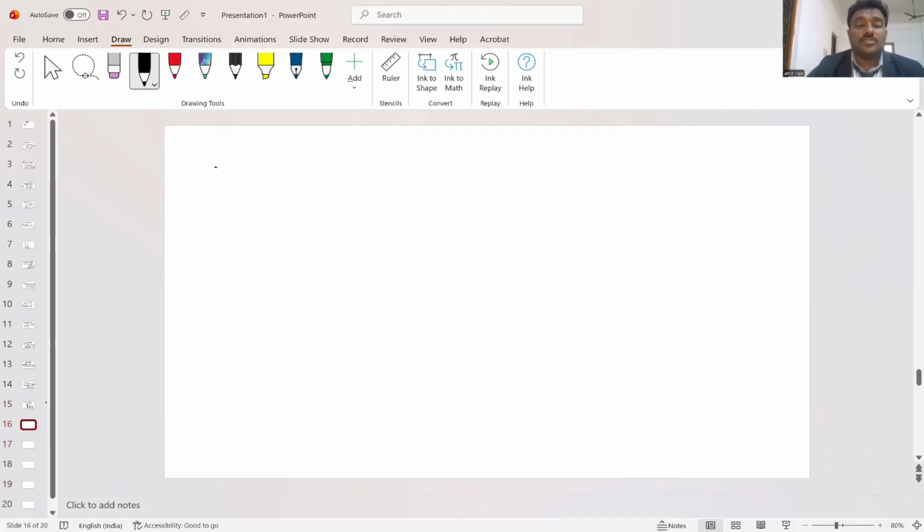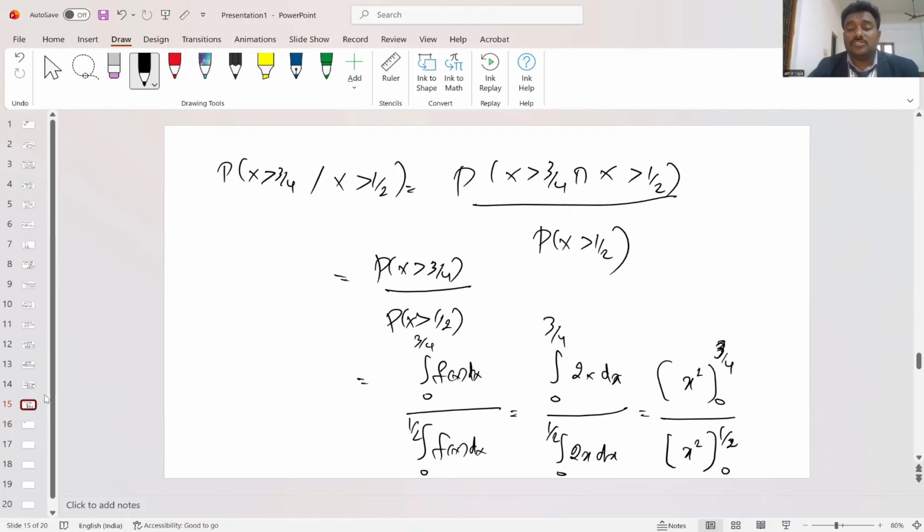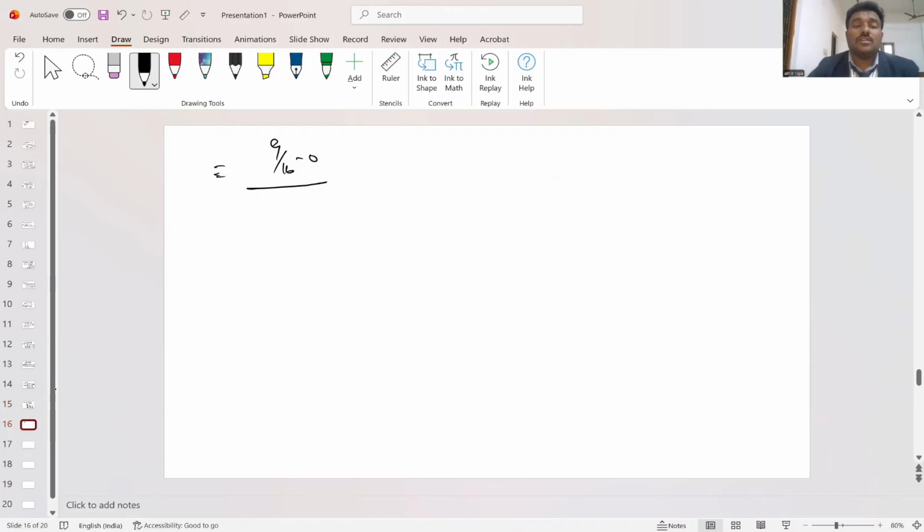Yes. So now we can solve this using 3 by 16 minus, 9 by 16 minus 0. On the other side, it is going to be 1 by 4 minus 0. So it is 9 by 4.